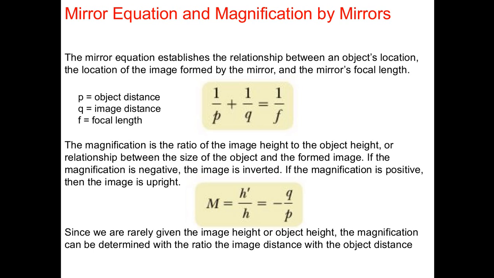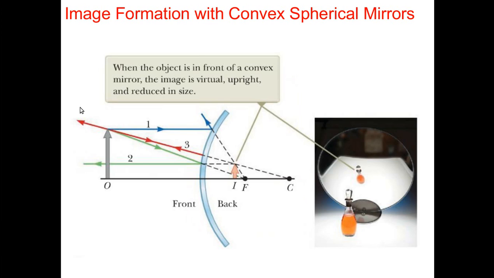The most common problem is, you have an object distance and a focal length, and you have to find where the image is formed. Or maybe backwards: you're given the object and image distance and you find the focal length, or you're given the image distance and focal length and find where the object is. On top of that, we have to use these values to identify what type of situation we are dealing with.